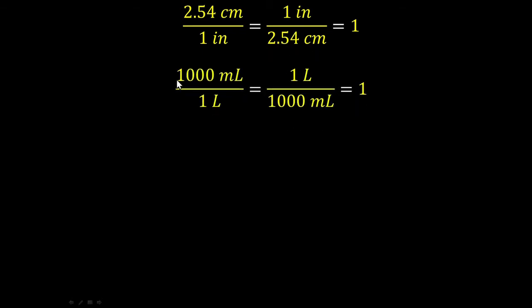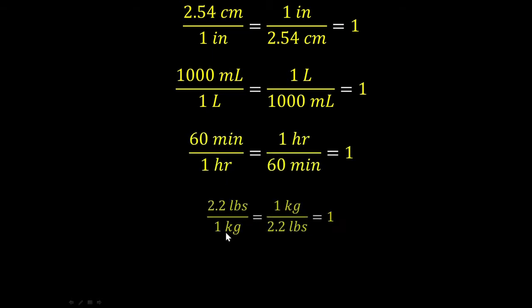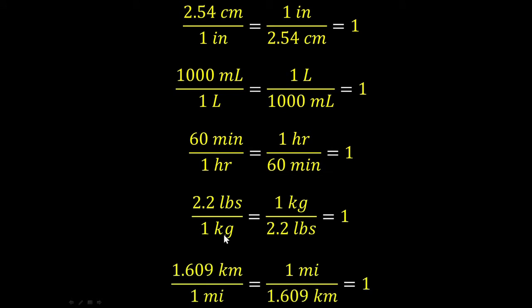And just some familiar ones: 1,000 milliliters per liter, 60 minutes in an hour, 2.2 pounds per kilogram, 1.609 kilometers per mile. Maybe these are ones you're familiar with. If not, you're going to become very familiar with them. But they're all equal to 1.